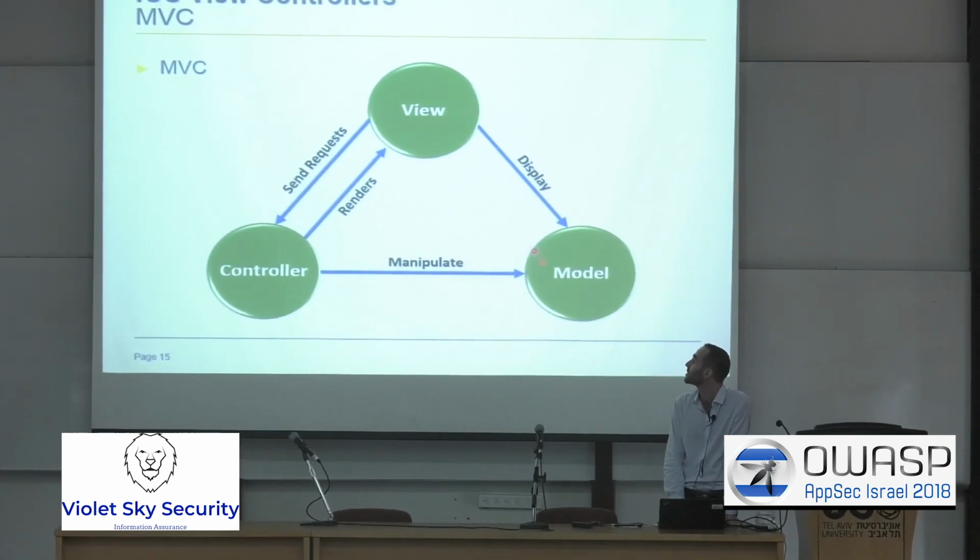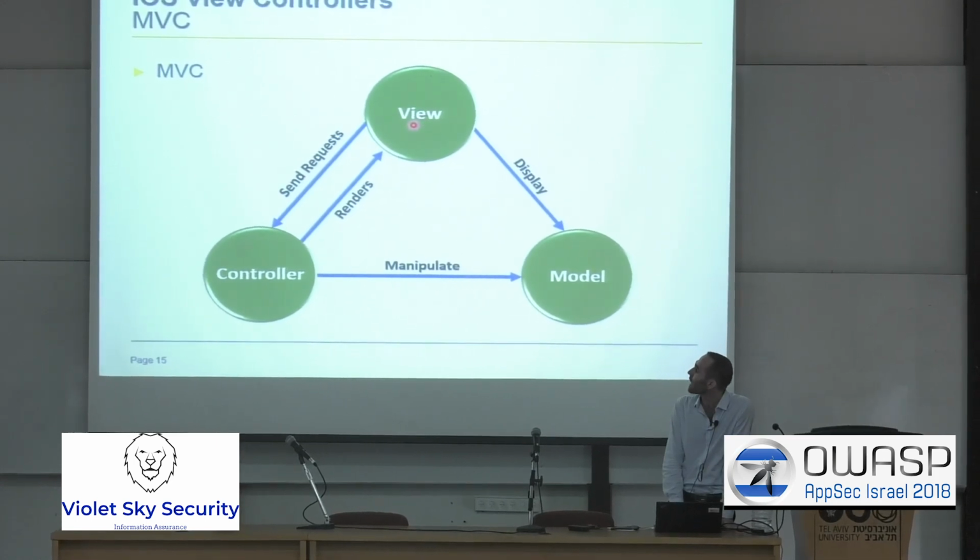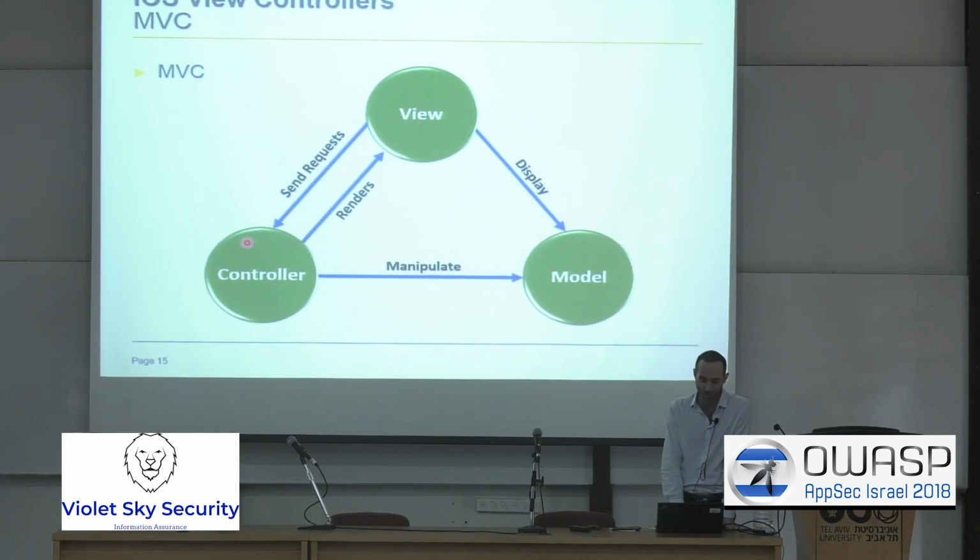The view is supposed to present the model at any given moment. When something happens in the view, requests are sent to the controller, which is in charge of updating the model accordingly. And the controller is also in charge of rendering the view, of presenting it.